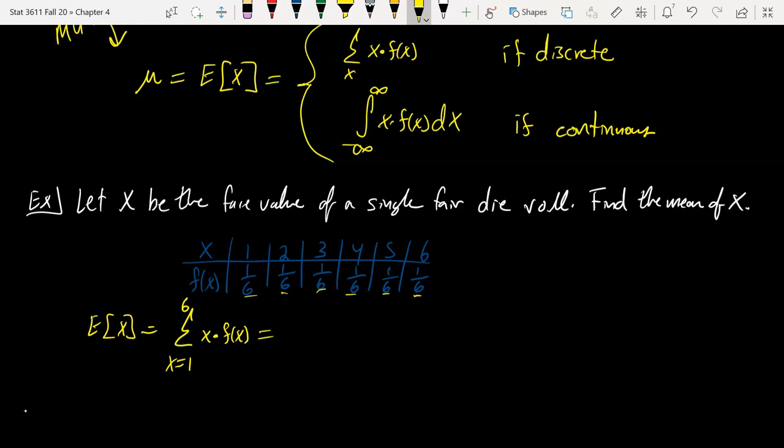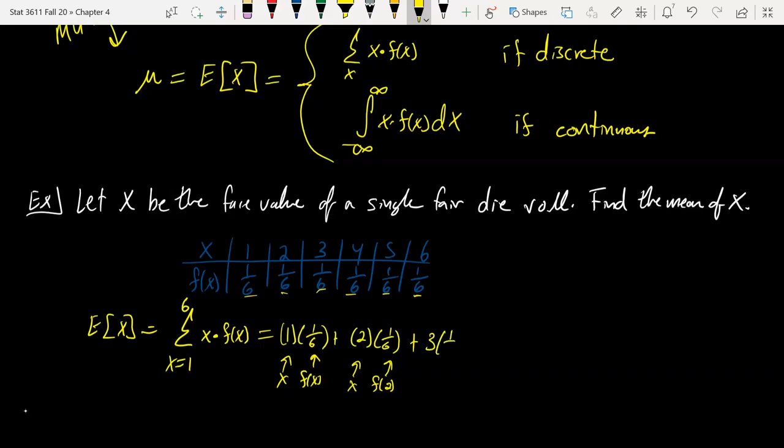So x takes on the value 1 with probability 1/6. So that's 1 times 1/6. There's x, and there's times f of x. Then x takes on the value 2 with probability 1/6, that would be f of 2, which just happens to be the same.